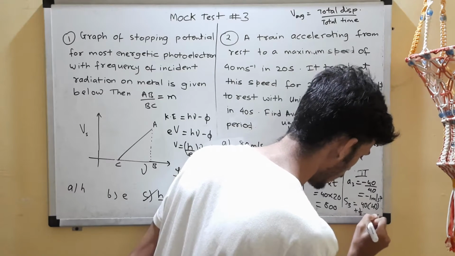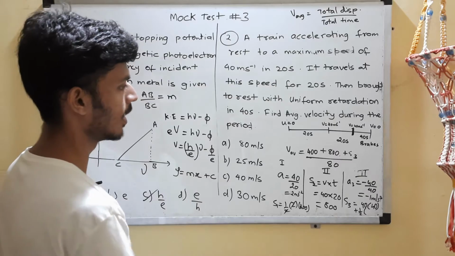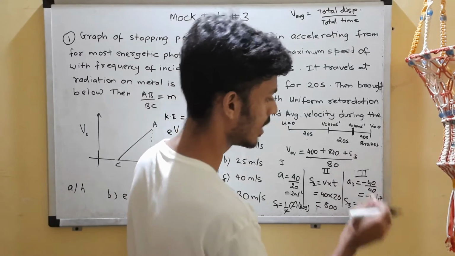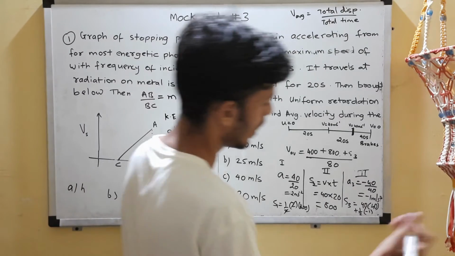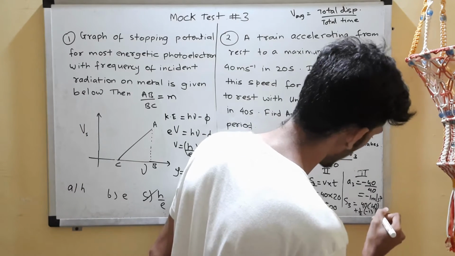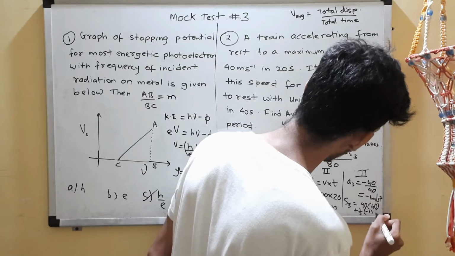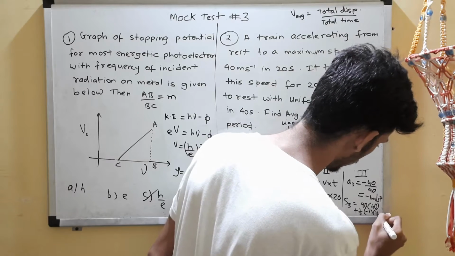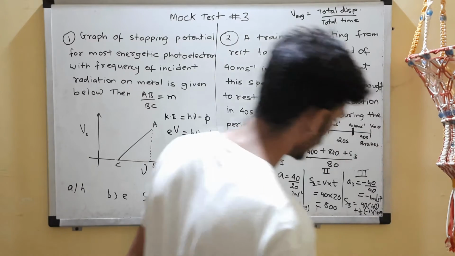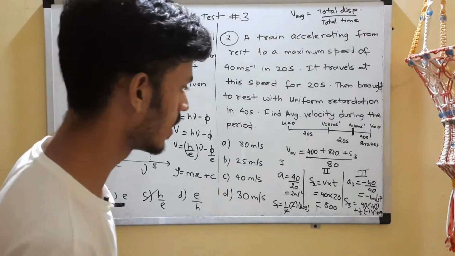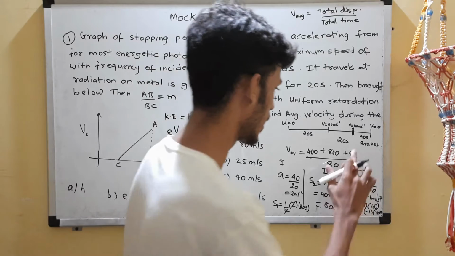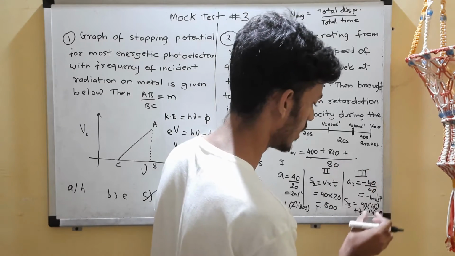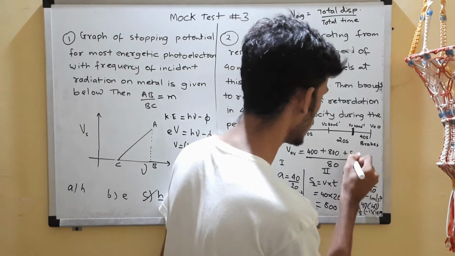I hope you are able to see this. a is the acceleration, here minus 1, and t square, 40 square is 1600. Half of 1600 is 800. So 1600 minus 800, which is 800.